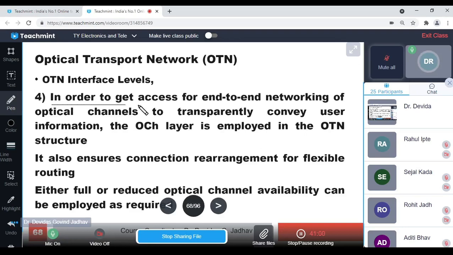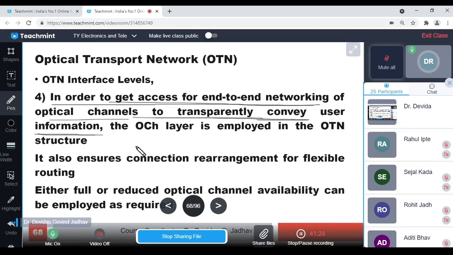Then, in order to get access for end-to-end networking of the optical channel, the optical networks transparently convey user information.